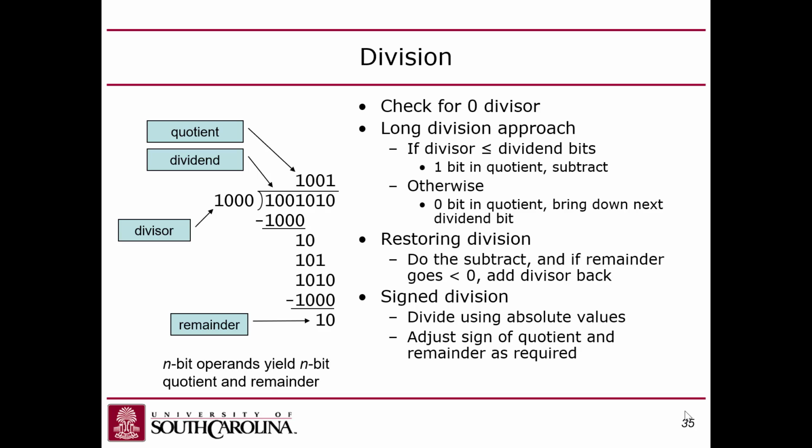Well, one way to do this is to take the divisor and shift it to the left. So this would be 3. Shift to the left by 1, get 6. Shift to the left by 2, get 12. Shift to the left by 3, get 24.